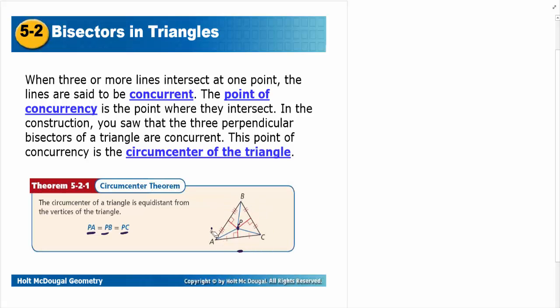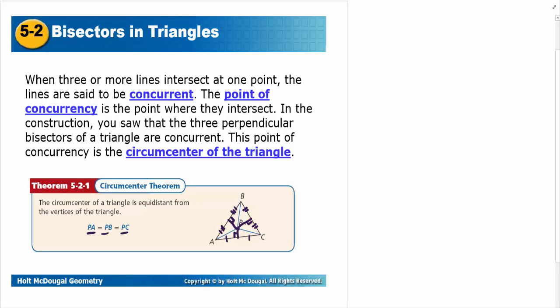You need to show, looking at point P, that that's a perpendicular bisector. So it's got the perpendicular, the right angle, and the two congruent segments. You need to show that this is a perpendicular bisector with the right angle and the congruent segments. And you have to show that this third segment is a perpendicular bisector because it breaks it into two congruent segments and has a right angle. All that has to be given.